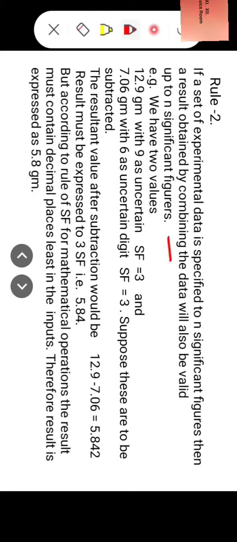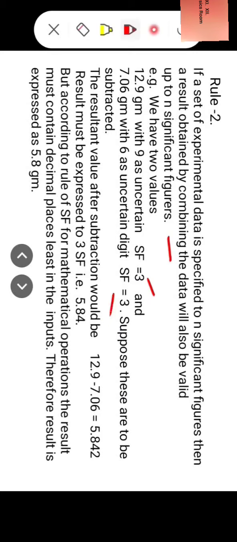For example, we have two values: 12.9 gram with 9 as uncertain, so significant figures are 3, and another value 7.06 gram with 6 as uncertain digit, again significant figures are 3.